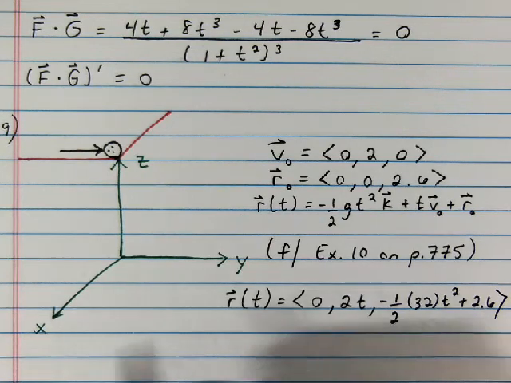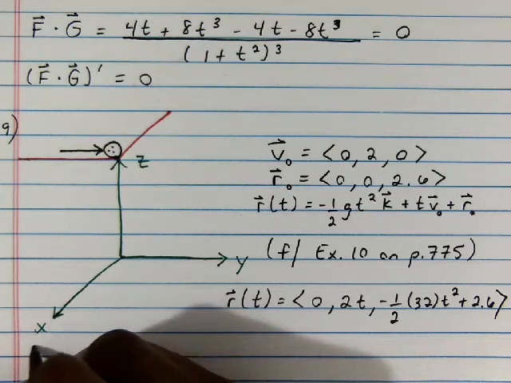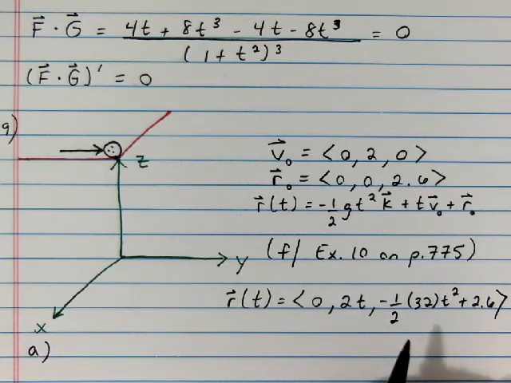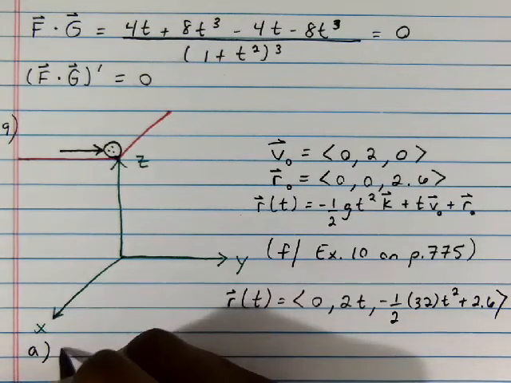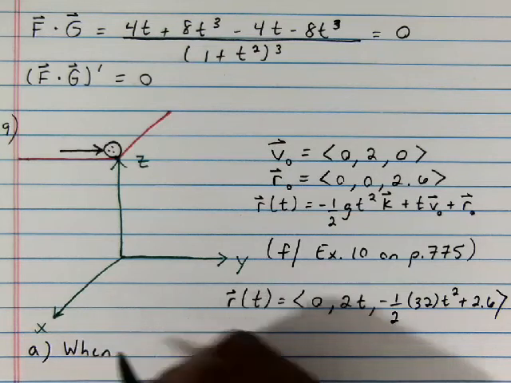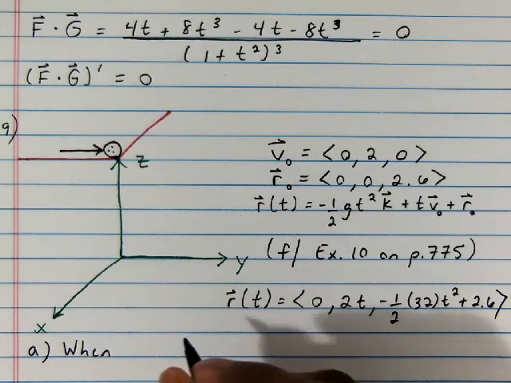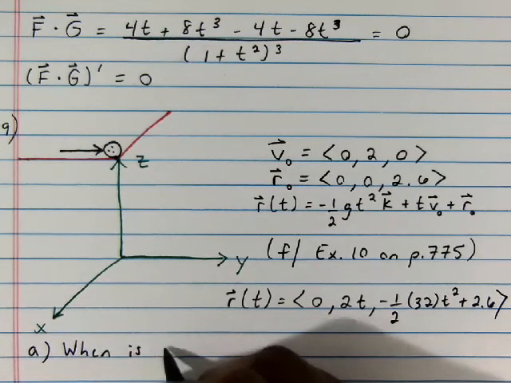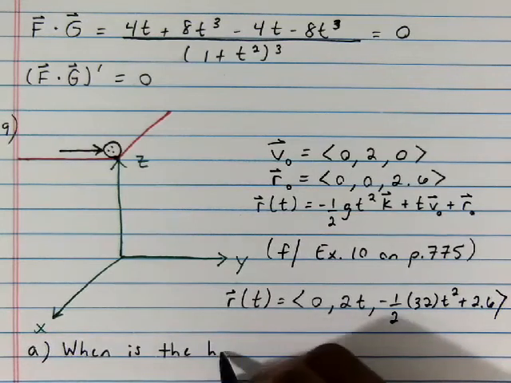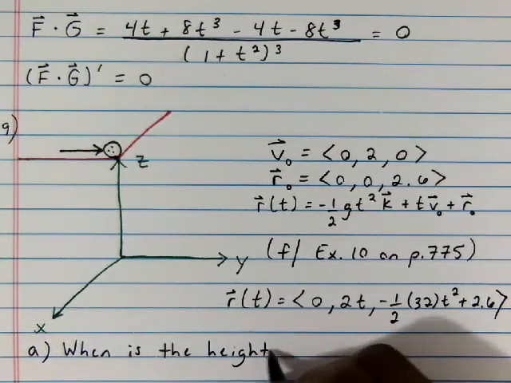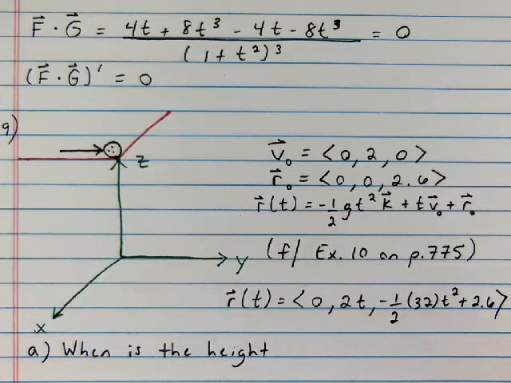So now part A asks us, translating what they said, when the ball hits the ground, when is the height zero. And for us, height is our k component.